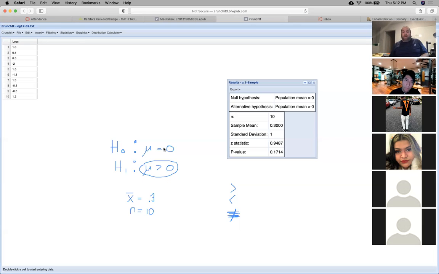Well, so yeah, so what about 6%? Again, you come into the problem in advance and you make your benchmark. You say, my cutoff's going to be 5%. And then you take your sample and you see what your p-value is. If your p-value is less than 5%, you reject the null hypothesis. If it's not less than 5%, you do not reject the null hypothesis. Someone else could come into the same problem and say, my cutoff's 10%.